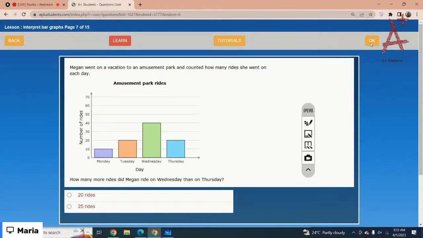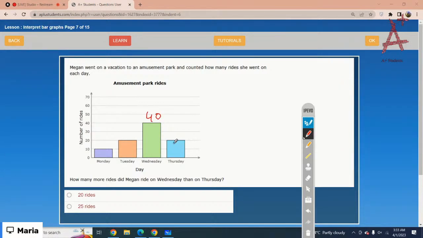Okay, the next one is Megan went on a vacation to an amusement park and counted how many rides she went on each day. How many more rides did Megan ride on Wednesday than on Thursday? On Wednesday, you can match it to the y-axis, and it is 40.